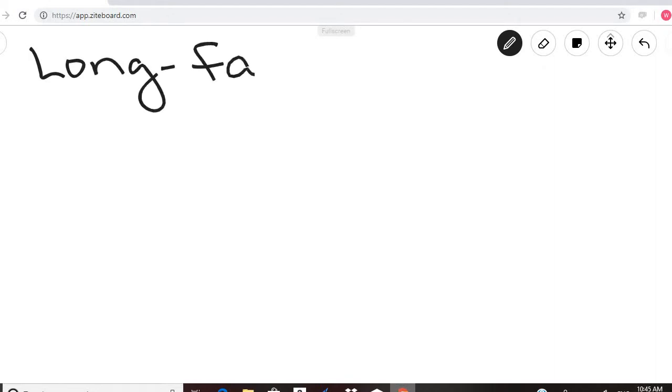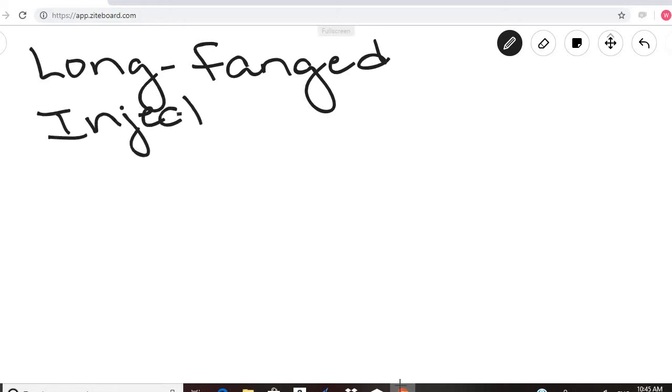And a long-fanged snake, the way that they inject their venom is by striking, not chewing.